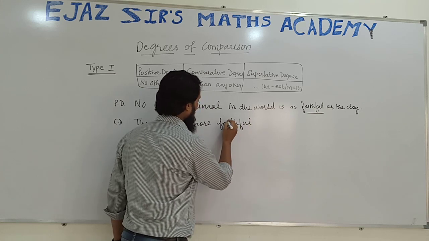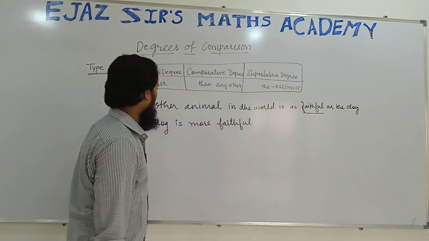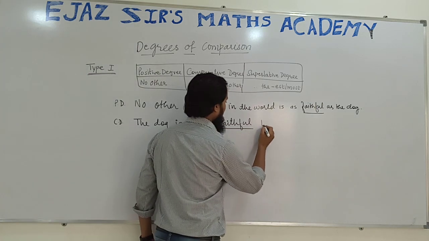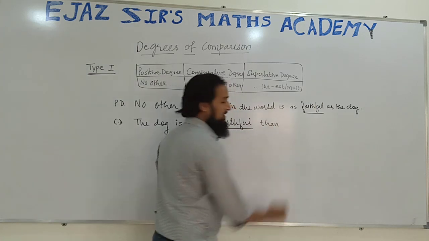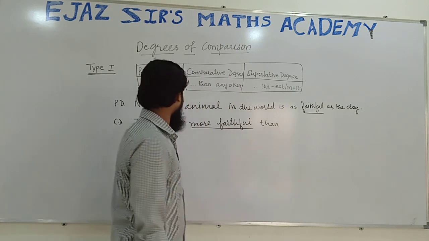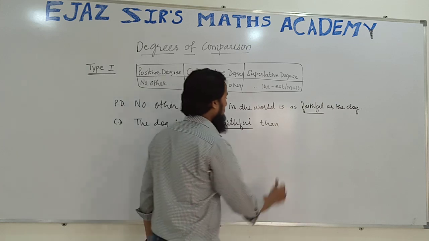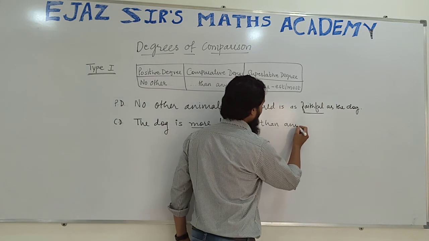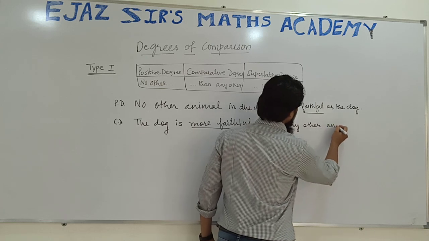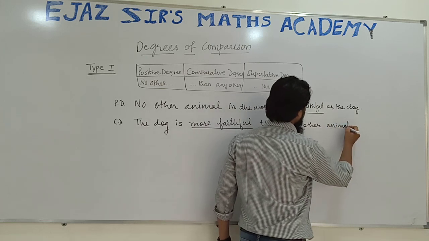Faithful is loyal. The dog is more faithful than. A comparative degree is always followed by than.